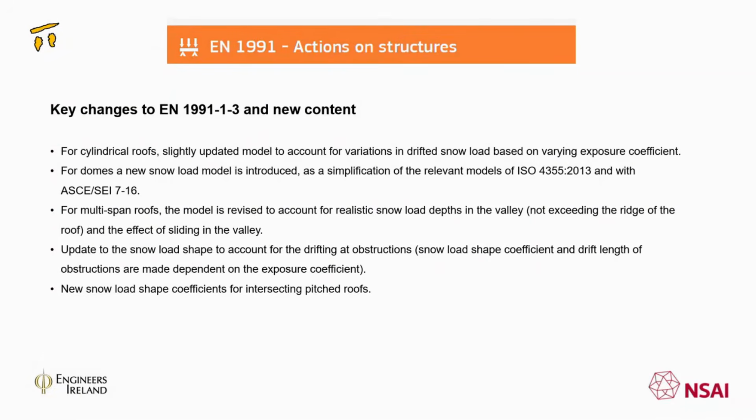And drifting at obstructions has been taken into account, and intersecting pitched roofs. So there's additional information, additional figures will be given for snow models on the roof of buildings.